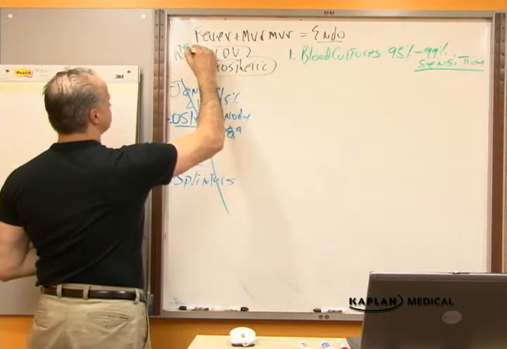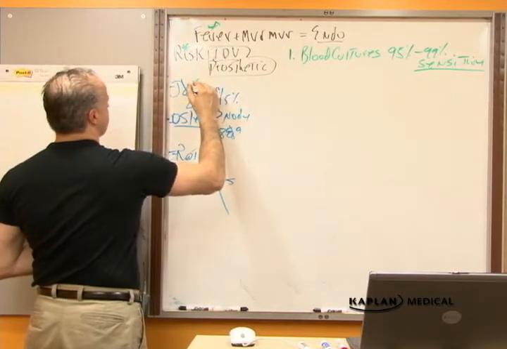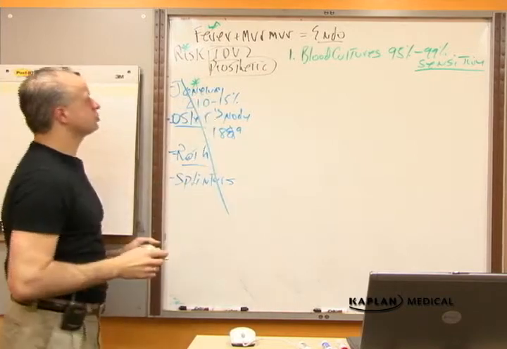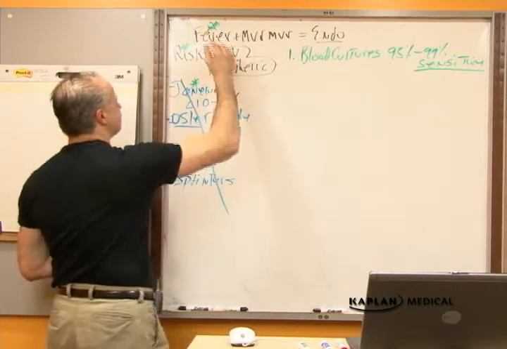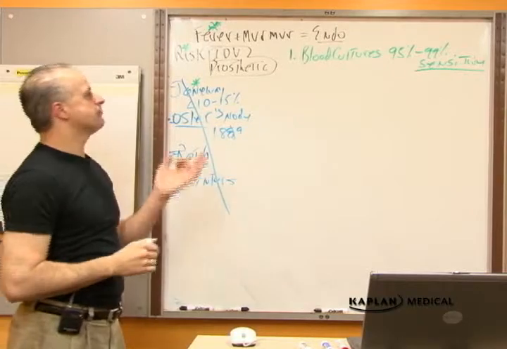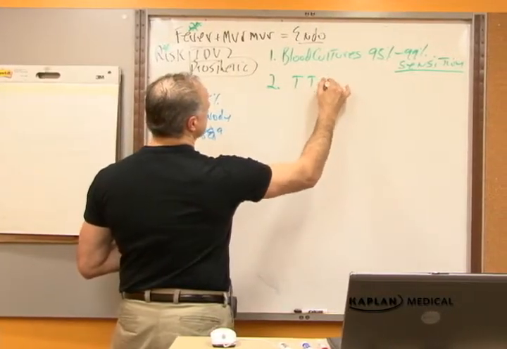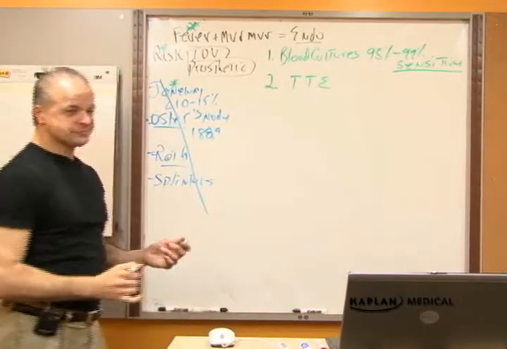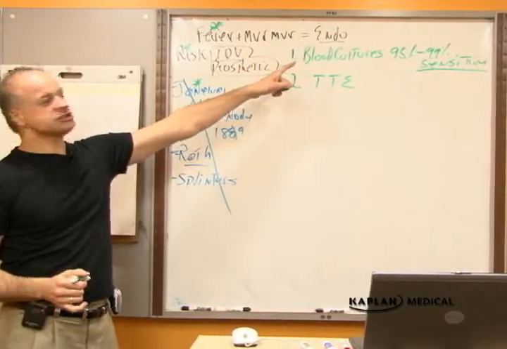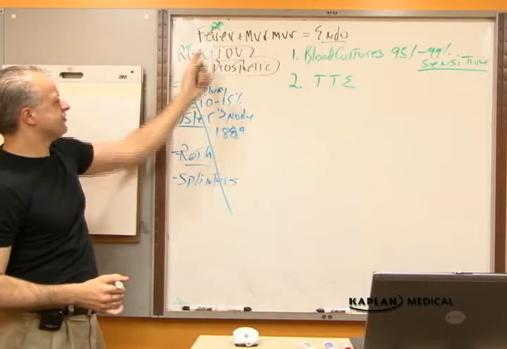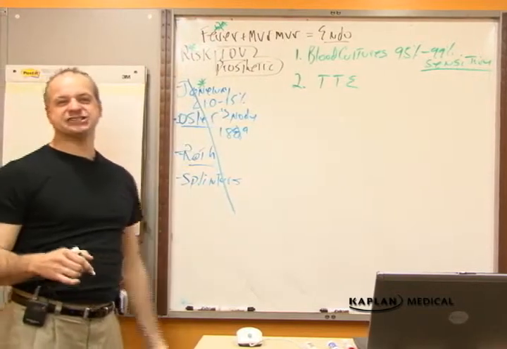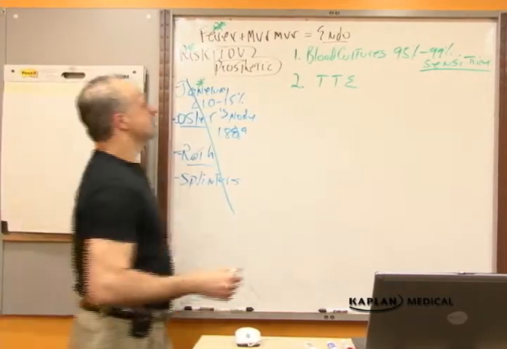If you have culture negative, a risk and a fever and embolic phenomena combined with an echocardiogram, transthoracic echo, that's how you substitute for blood cultures.